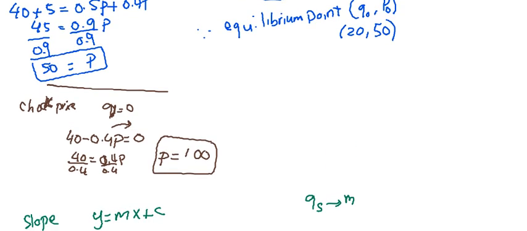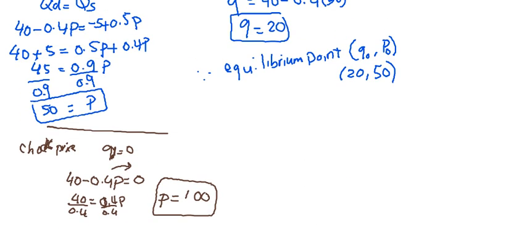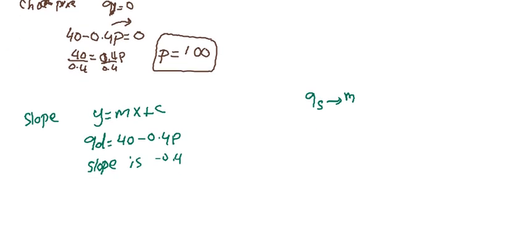We know that QS is equal to minus 5 plus 0.5P. So the slope will be 0.5. The slope is only the coefficient of P.